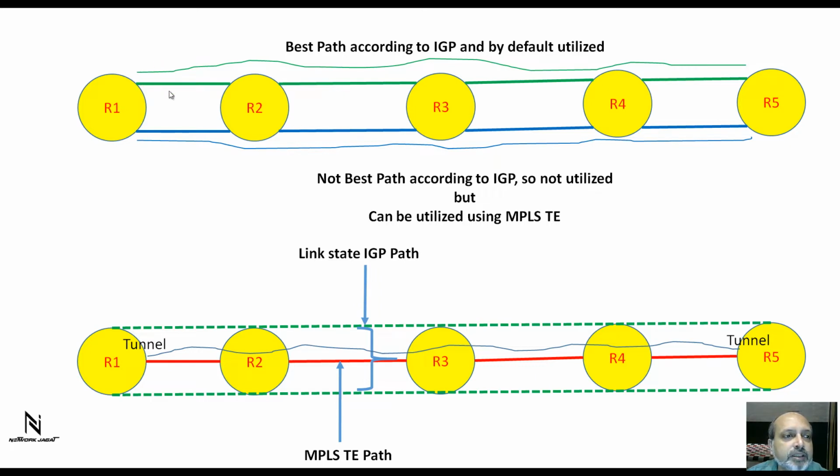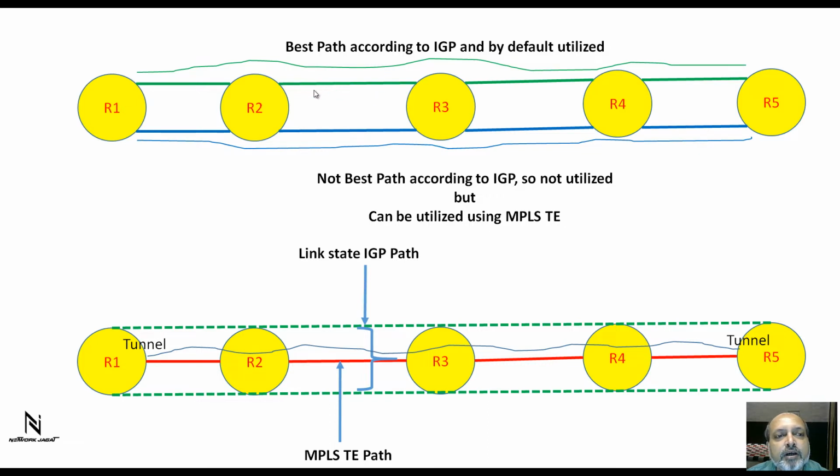One is denoted by this green line, another by this blue line. For this green line, I have written best path according to IGP and by default utilized. Whereas this blue one is not the best path according to IGP, so not utilized, but can be utilized using MPLS TE.